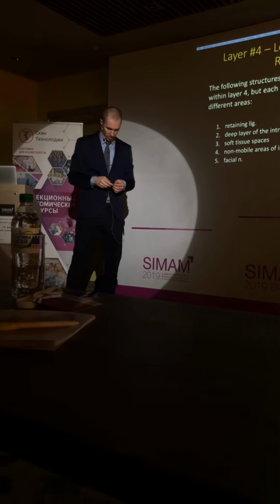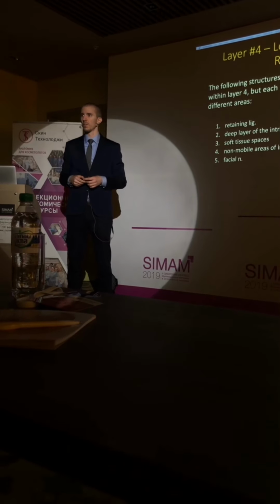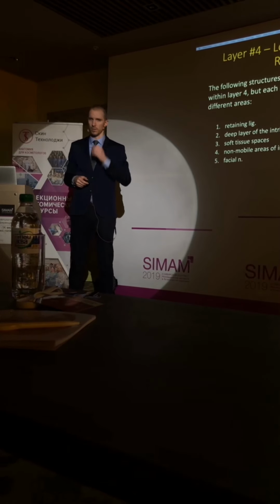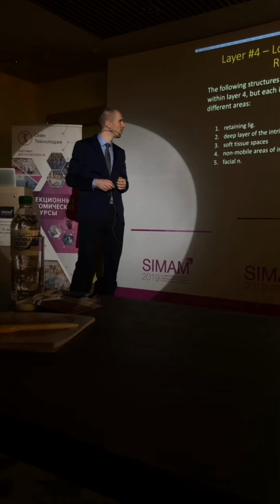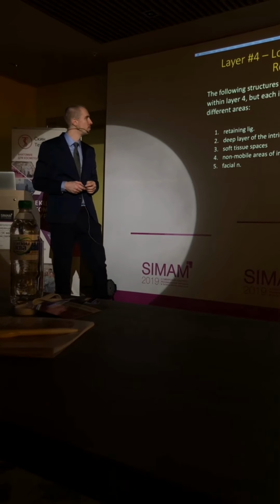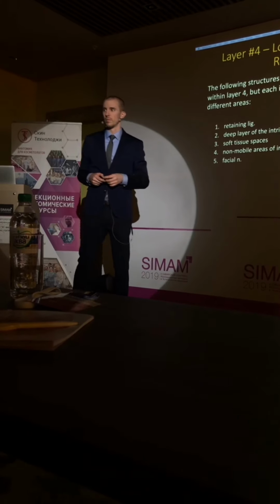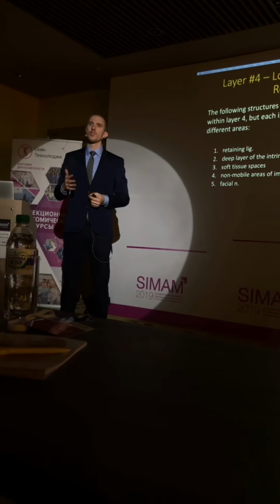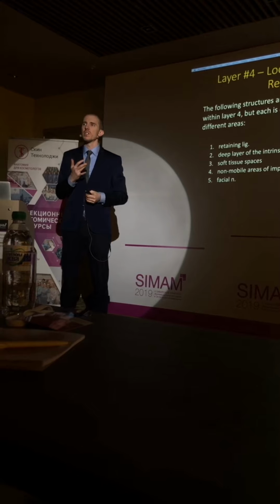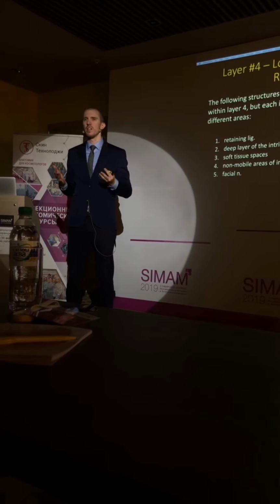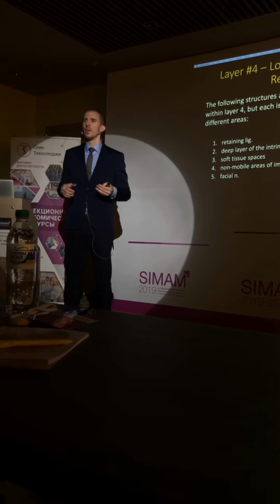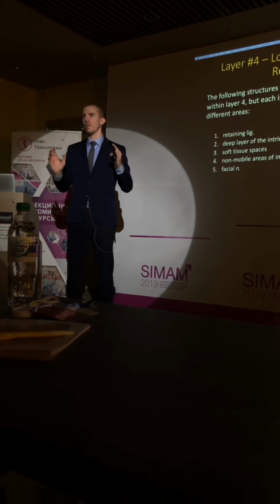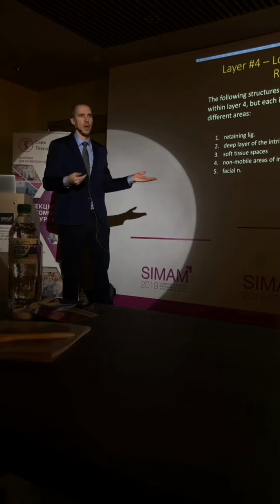If it is extremely easy, surgeons call it a space. Obviously, an empty space does not exist in the face. It just means that it is so easy to dissect in layer number 4 that they call it a space.